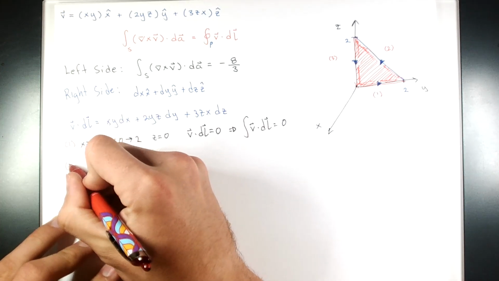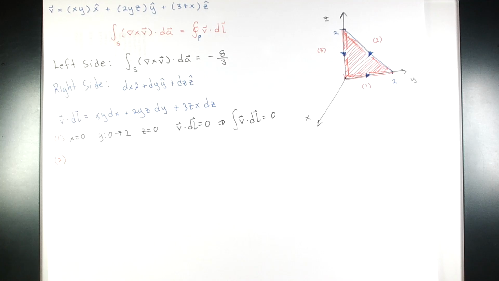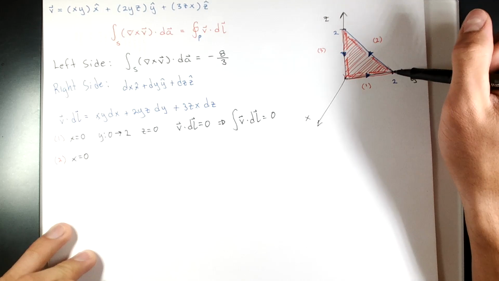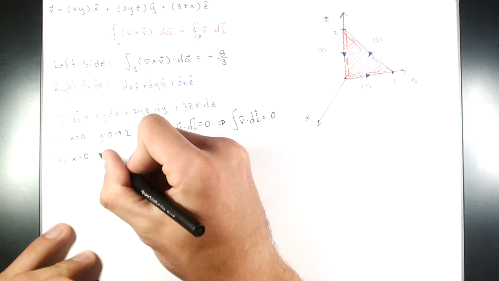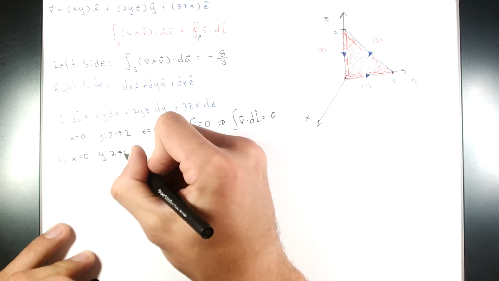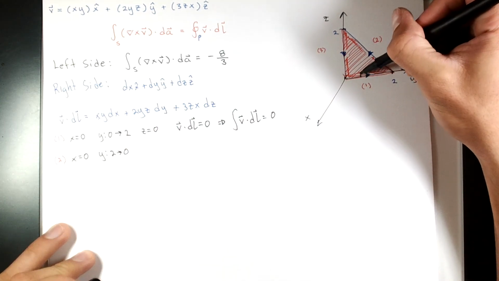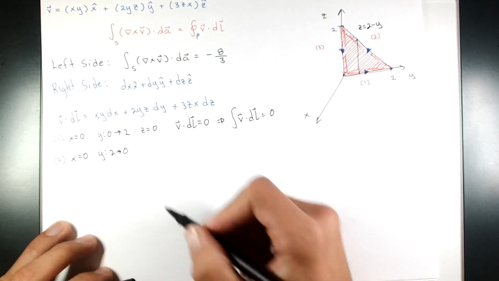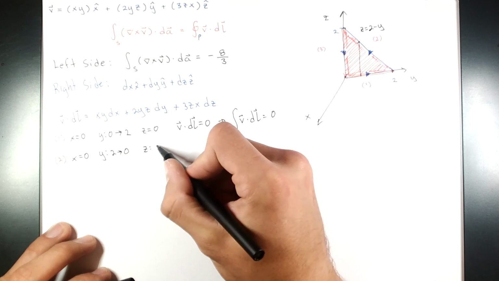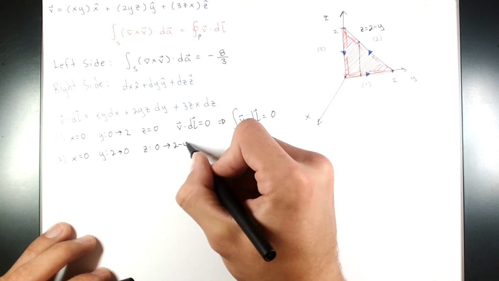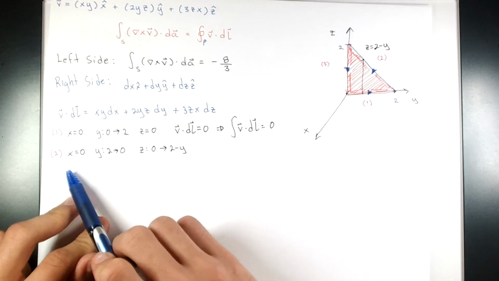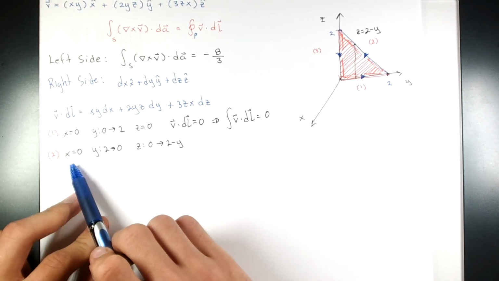So now let's look at path number 2. Again, we don't have any x involvement here. Our y goes from 2 to 0, and we have that our z goes from 0 to 2 minus y again. Alright, so we're going to see what cancels in our function. x equals 0, so this term goes away.